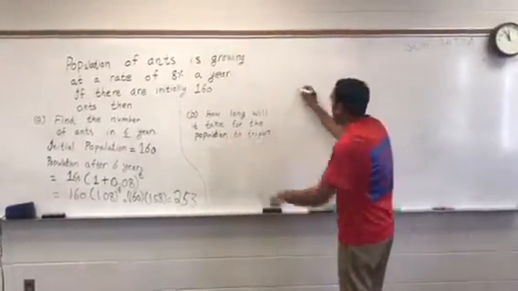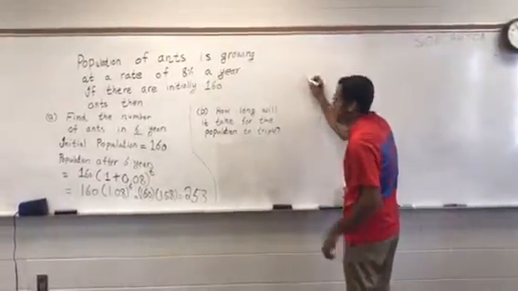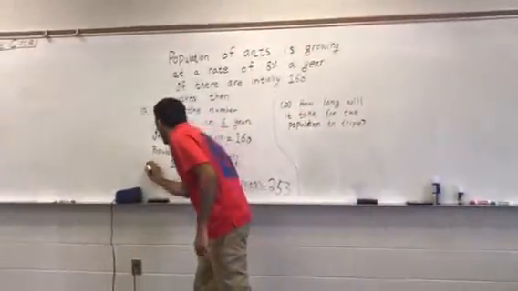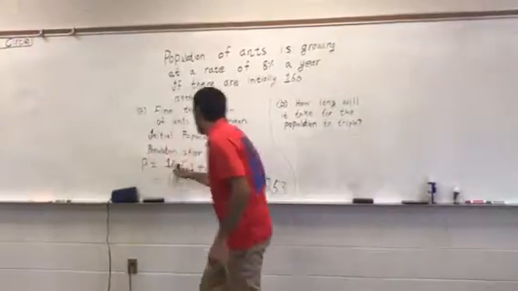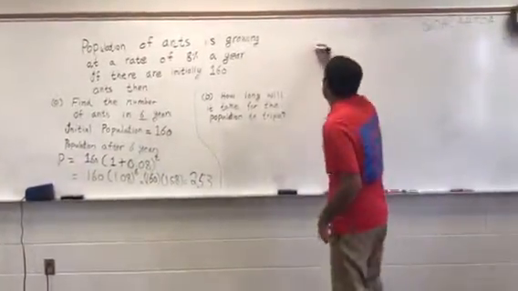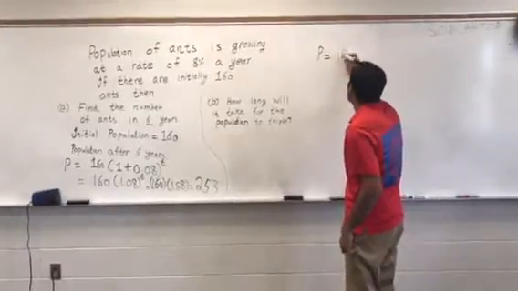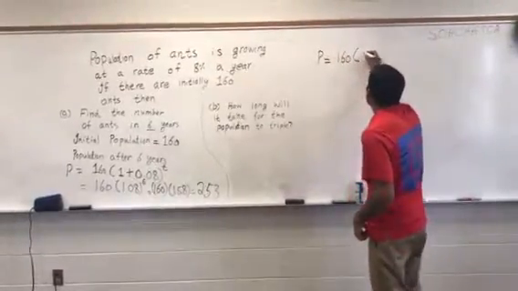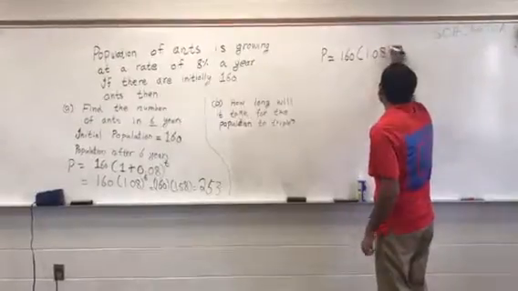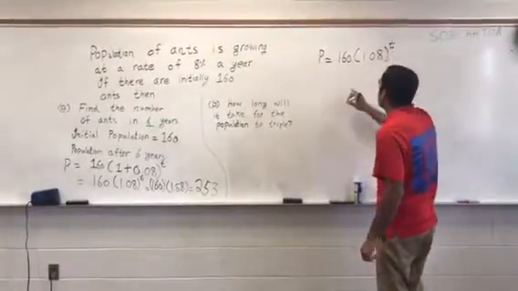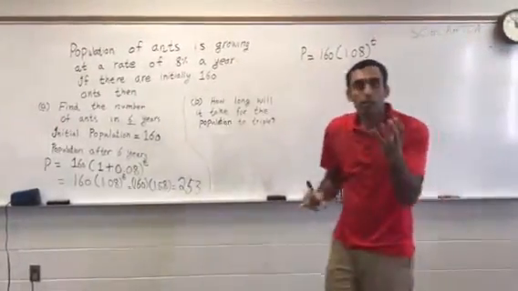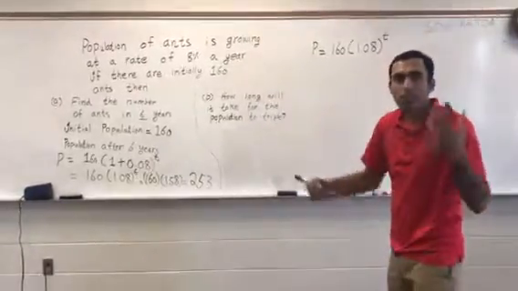So now look at that formula. This right here is our formula. P equals 160 times 1.08 to the power of t. So what do we want our P to be in this case? We want it to triple.